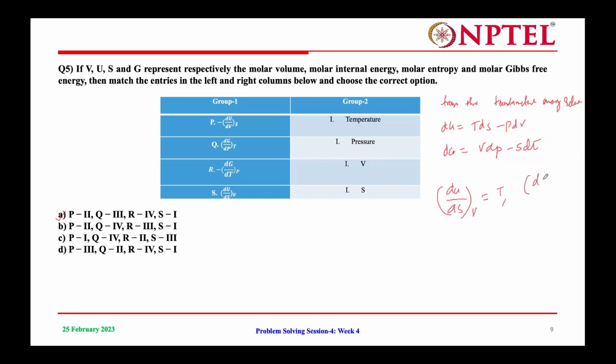And dU by dV at constant entropy is minus P, right?